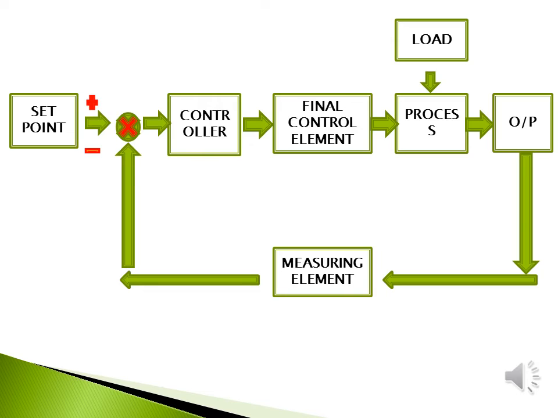P means proportional controller, PI means proportional integral controller, PD means proportional derivative controller and PID means proportional integral derivative controller. And in industry, they mostly use a valve as the final control element.